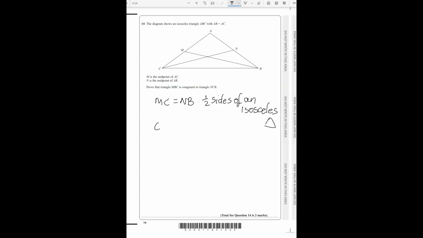CB is a common side. So we've got 2 sides, and actually these angles are the same as well, aren't they? So MCB is equal to NBC because of isosceles triangle again.